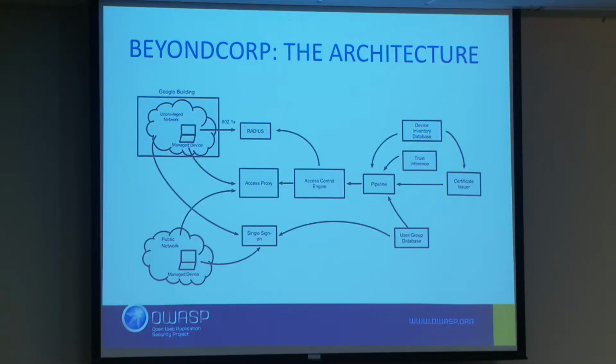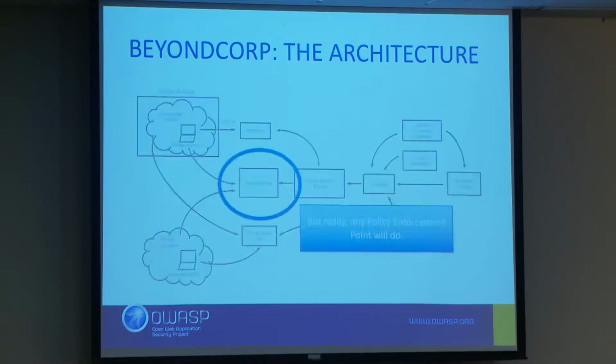You can feed all of them together to build a picture of how much you trust the device that is as good as what you could do with the perimeter in place yourself, and feed all of that information fundamentally into an access proxy.